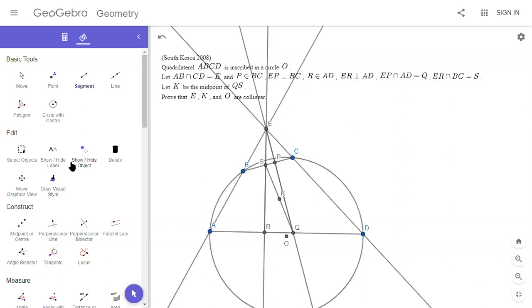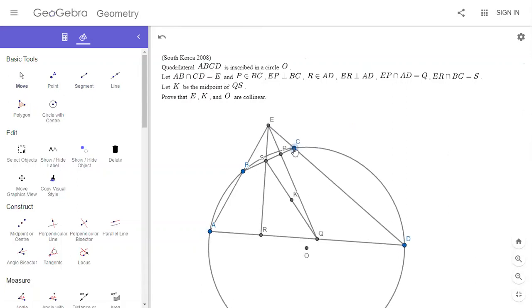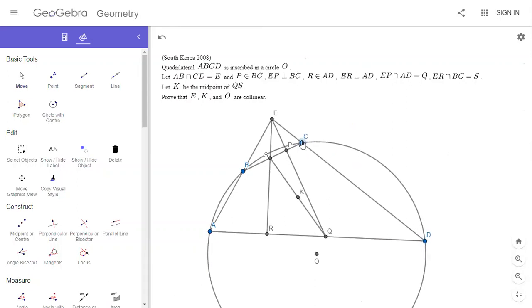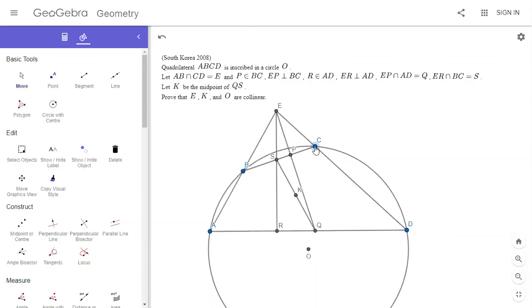Let's see. So hide, hide, hide, hide. And then I'll draw that and that. Okay. So let's see. Looks good enough to me. This almost looks like a right angle, which bugs me a little bit, but maybe that's a little better.